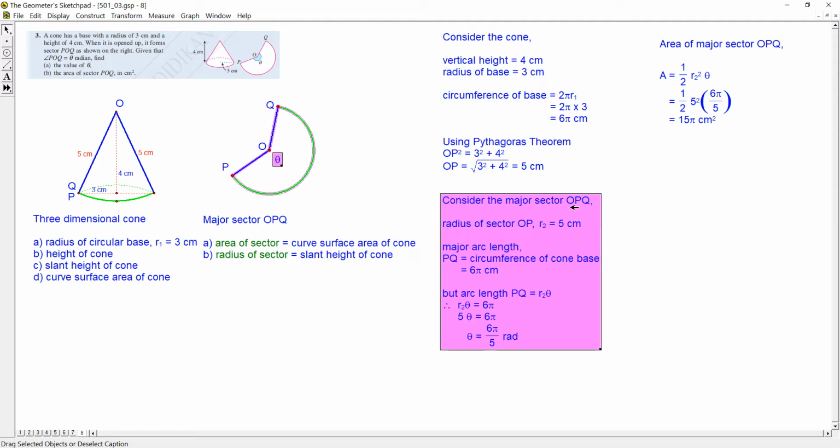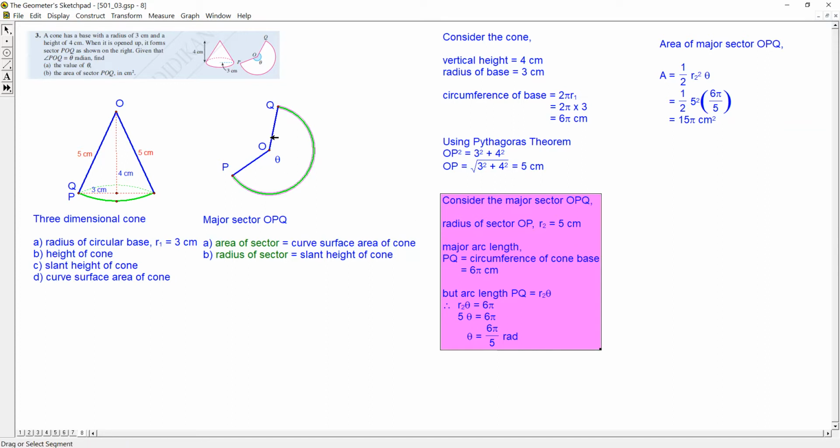So consider the major sector OPQ. Major sector OPQ is referring to this part, not this side. The major arc length is referring to this green line here. We want to look at the major arc OPQ, and the major arc length is this one. Now what is the radius OP?